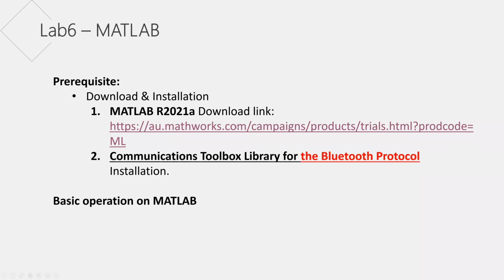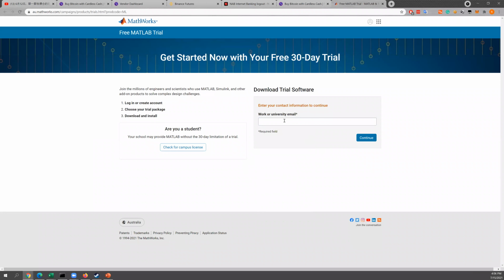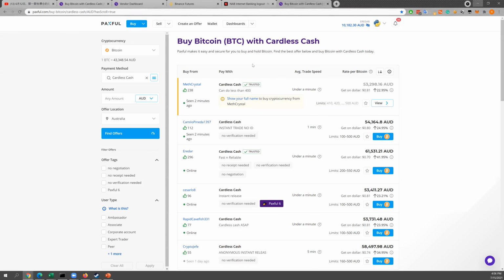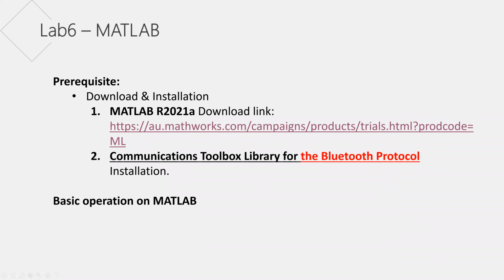What you need to do is simply click it, enter your email address, and press continue. Then you will receive an email, so you can start to use it. But remember, use your ZID's email, okay? After the installation, you'll be able to run MATLAB here. Let me run it.